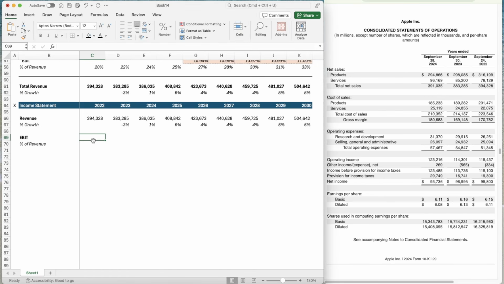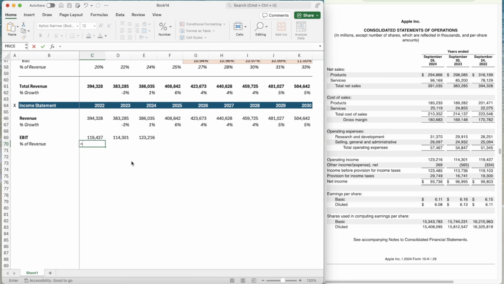So for 2022, they did 119,437, then 114,301, then 123,216.